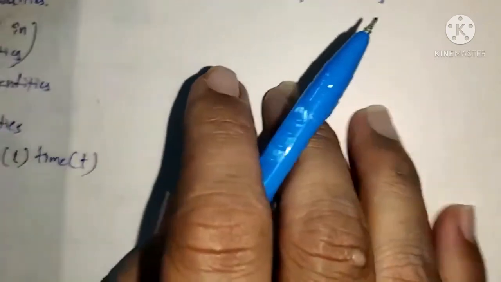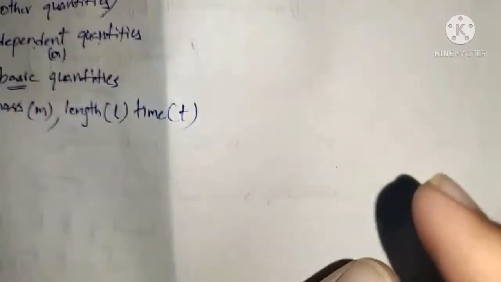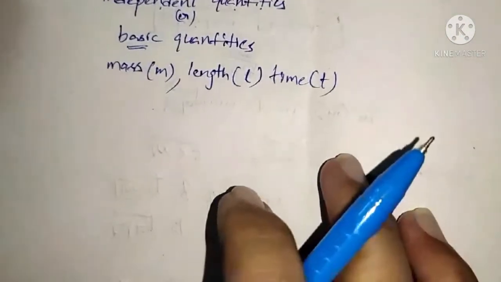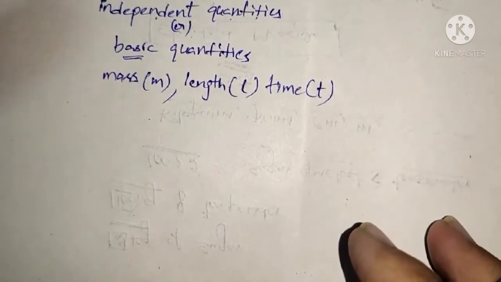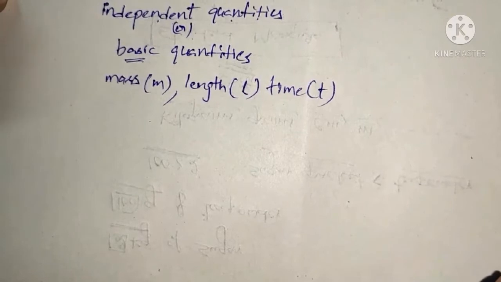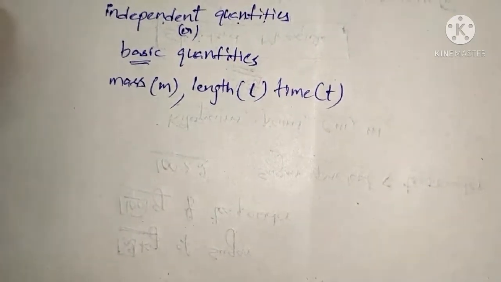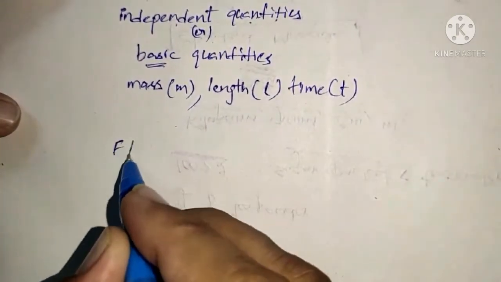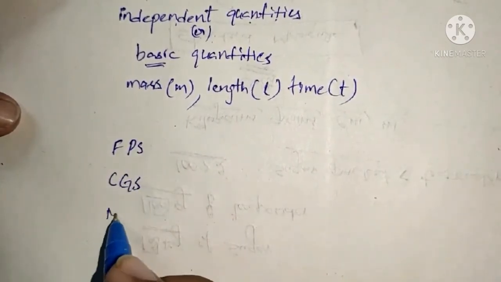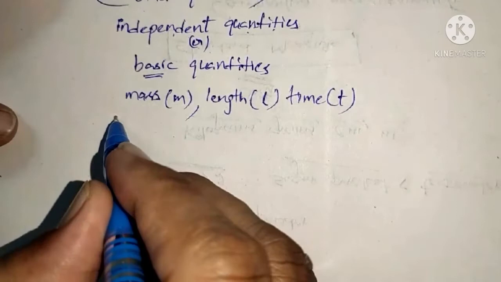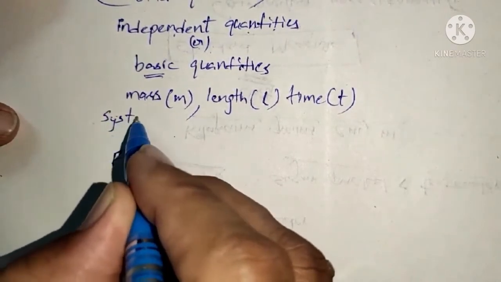Before going to the derived quantities, there are some more physical quantities which are basic, or we can say independent. Scientists evolved different types of measuring systems, such as the FPS system, CGS system, MKS system. These are all measuring systems.